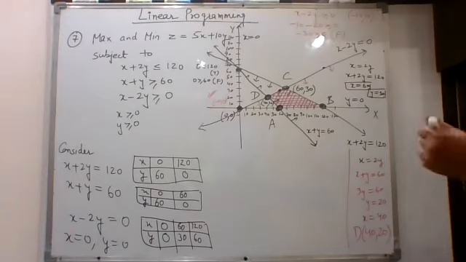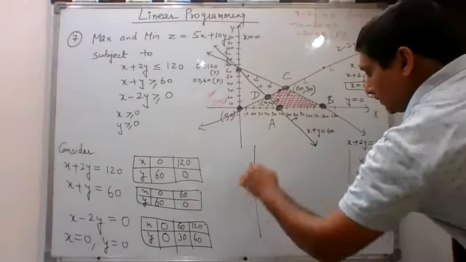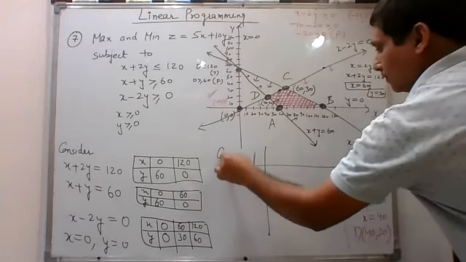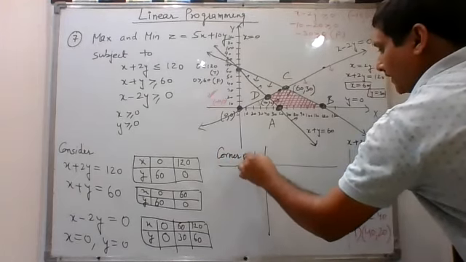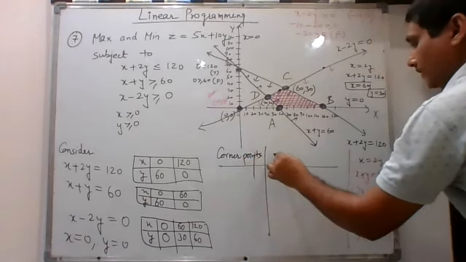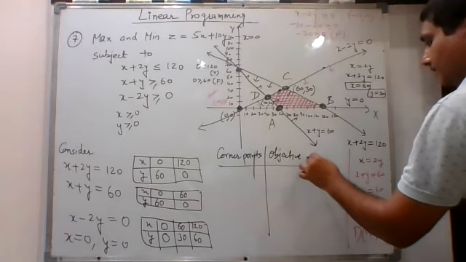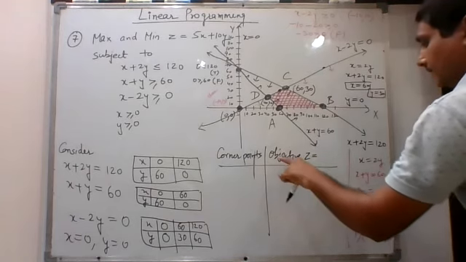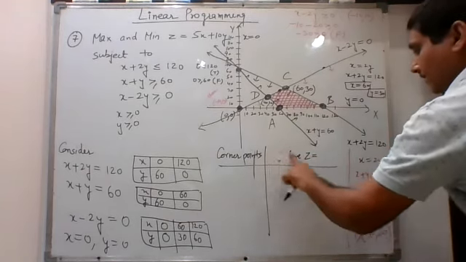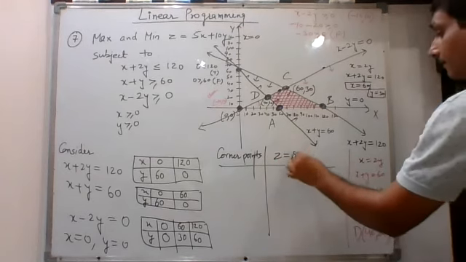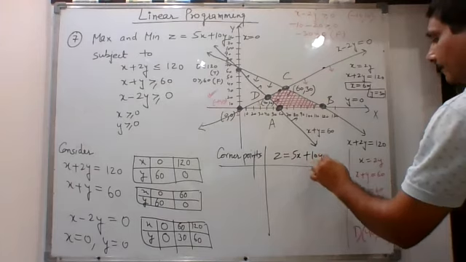Now, after this, you have to draw the table. So let us draw that table where you will write corner points and the objective function, that is Z. You can simply write Z is equal to 5x plus ny.